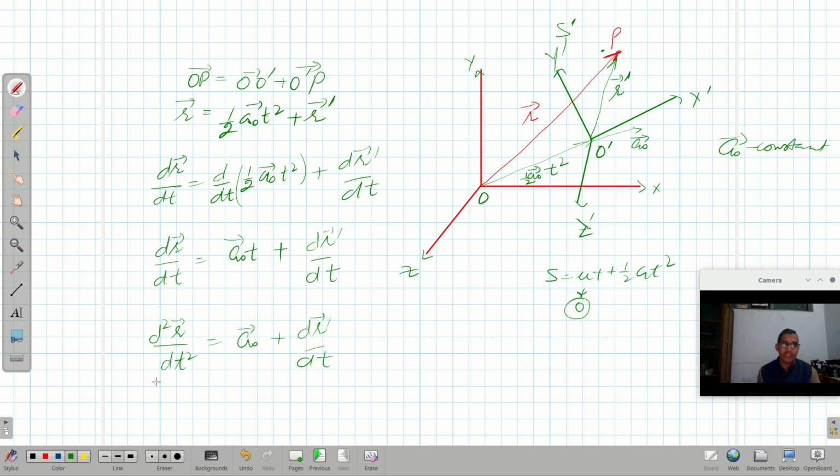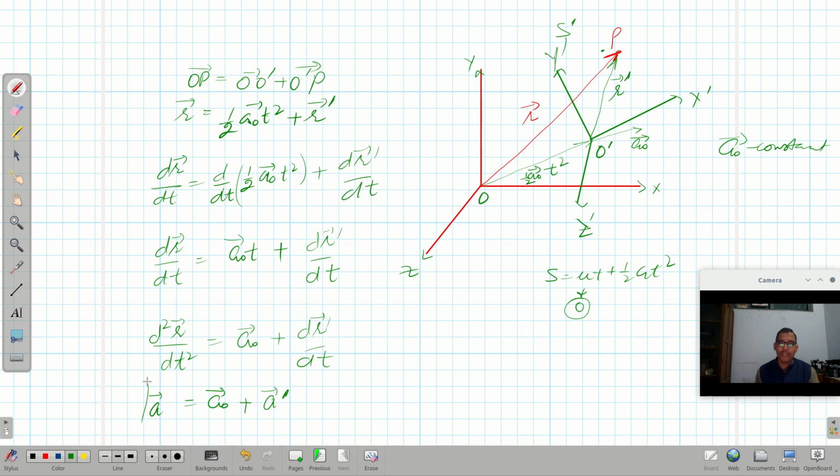So what is it? d square r over dt square is the acceleration of the particle when it is moving with respect to the stationary frame of reference. And a naught is the uniform acceleration of the moving frame of reference. And this is the acceleration of the particle when it is seen from the moving frame of reference.